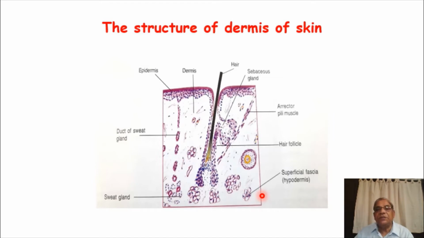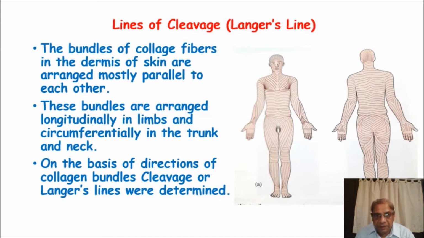Now, this is the structure of the skin, and our main concentration for the line of cleavage, or Langer's line, will be the arrangement of the fibers, the collagen bundles, in the dermis. Let us see what these Langer's lines are. Now, this line of cleavage or Langer's line, as I told you, is an imaginary line.